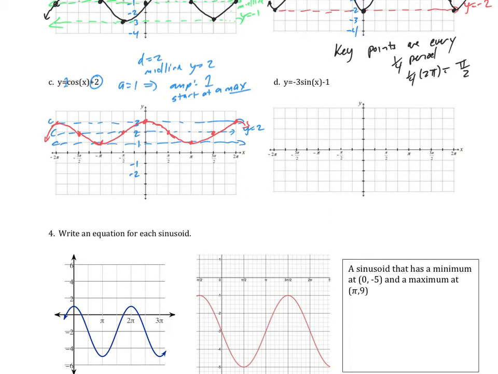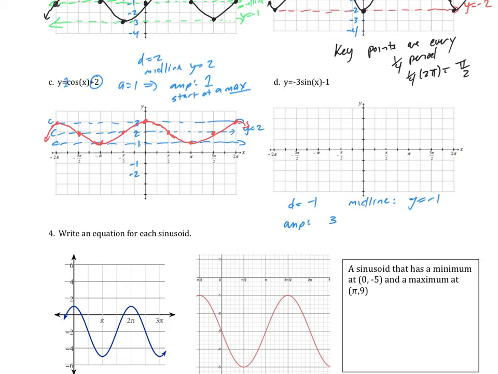Okay, the last graph that we're going to do is y is equal to negative 3 sine x minus 1. So here we can see that, I'll write it down here, d is equal to negative 1. So the midline is going to be at y equals negative 1. And the amplitude is the absolute value of negative 3. So the amplitude is 3.